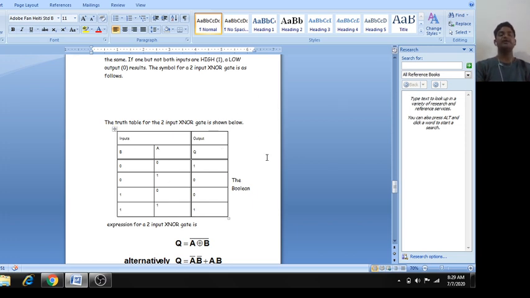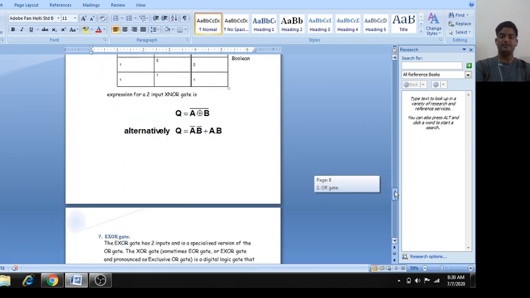Other names of the XNOR gate are coincidence circuit and equivalent detector. 0 0 means equal, and 1 1 equal, so the output is 1. Different inputs give 0. It is also called an equivalent detector or inclusive OR gate. So you have to remember that the other names of the XNOR gate are equivalent detector, coincidence circuit and inclusive OR gate.